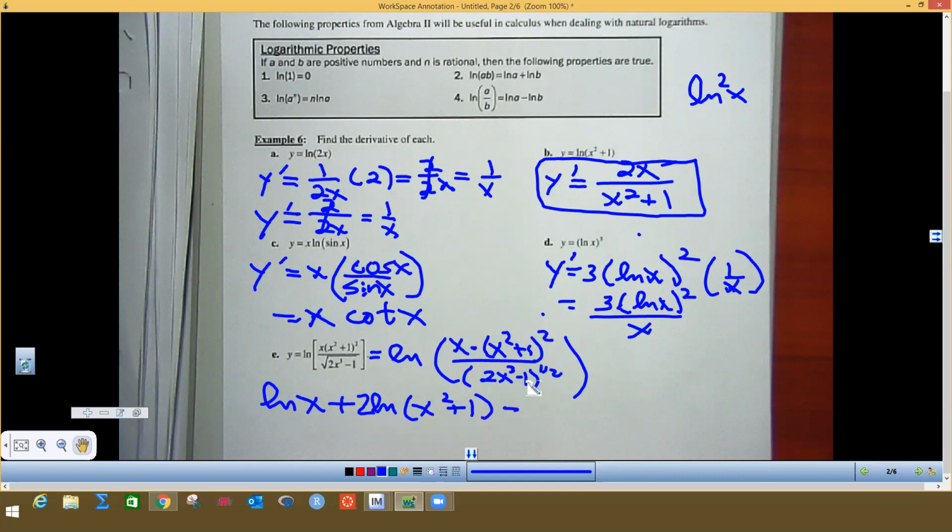And then I have a minus because this is on the denominator, so I'm using this rule here. I've got the natural log of 2x cubed minus 1. And I have a half here, but again, that half is only with this part, so I can move that half in front of the natural log.